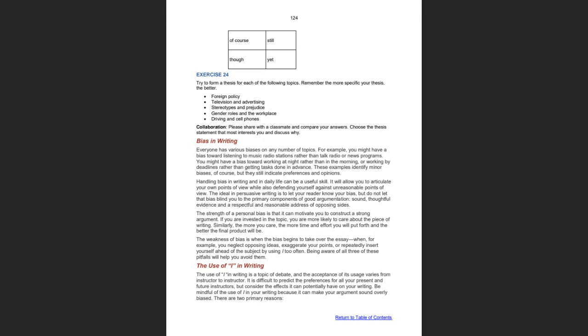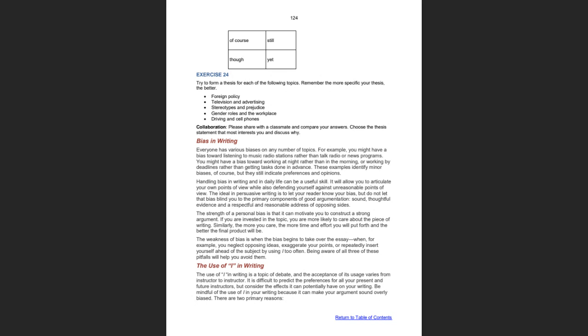If you are invested in the topic, you are more likely to care about the piece of writing. Similarly, the more you care, the more time and effort you will put forth, and the better the final product will be. The weakness of bias is when the bias begins to take over the essay. When, for example, you neglect opposing ideas, exaggerate your points, or repeatedly insert yourself ahead of the subject by using I too often. Being aware of all three of these pitfalls will help you avoid them.